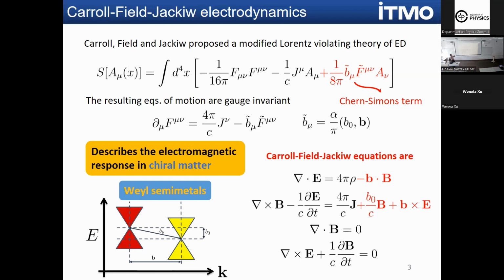Because of these fields that are constant, they describe this kind of medium. Yeah, but let me ask a further question. Assume you are dealing with the Weyl semimetal with B0 equal to 0, but then you consider the fields in a moving reference frame. Would you get non-zero B0?